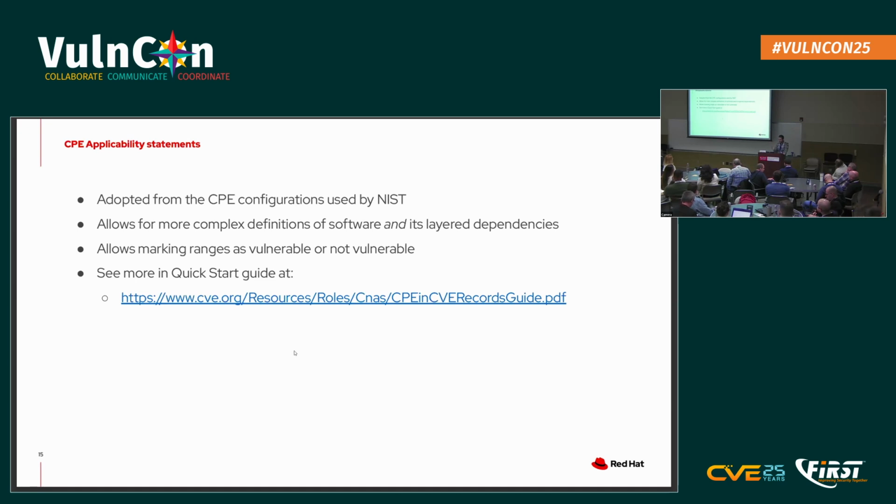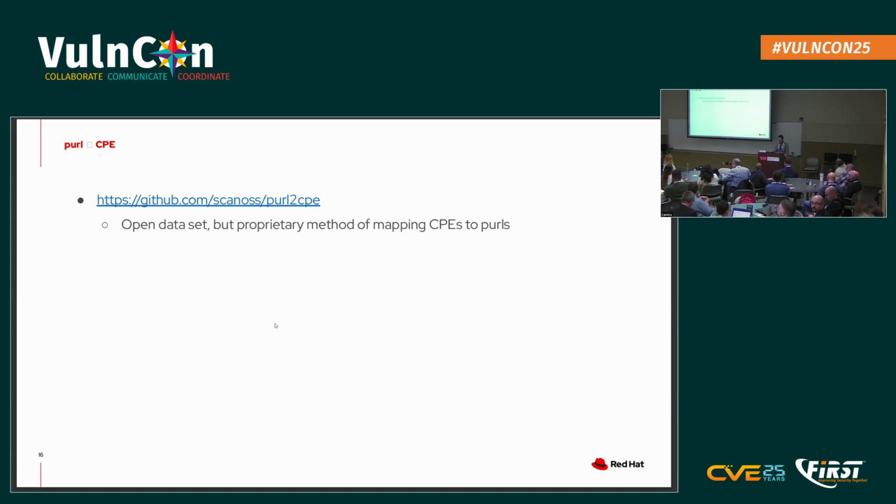Anyway, the CPE applicability statements allow you to define ranges, mark them as vulnerable or not vulnerable. I think there was a presentation yesterday on this topic. So if you missed that one, I recommend watching it. And then the CVE program recently published a quick start guide on how to use the CPE applicability statements. But we'll see some examples of them shortly.